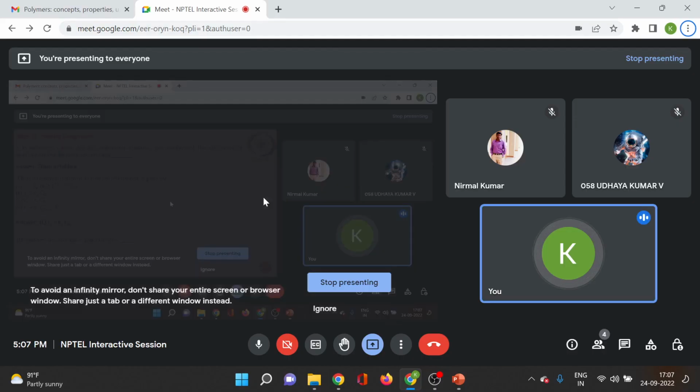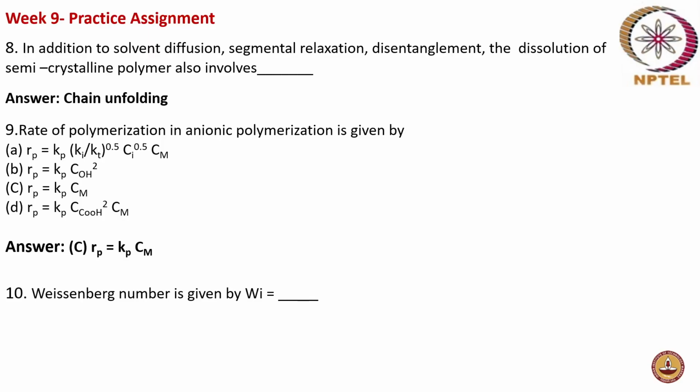Do you remember there was a discussion on different dimensionless numbers like Reynolds number, and then your elastic number, Deborah number, and Weissenberg number? So what is this Weissenberg number? Ma'am, strain rate into material time scale. Yes, you are right. So your Weissenberg number is your strain rate into material time scale.